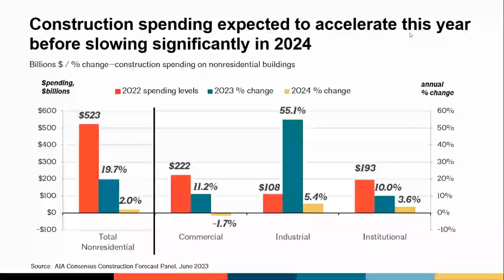So in general, spending this year is expected to be up. 525 billion is where the spend was last year, expecting about a 20% bump on that this year. And this is where we think the numbers are going to probably be cycled down when the January forecast comes out.